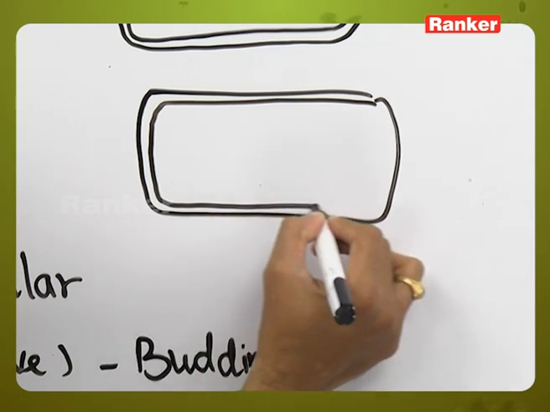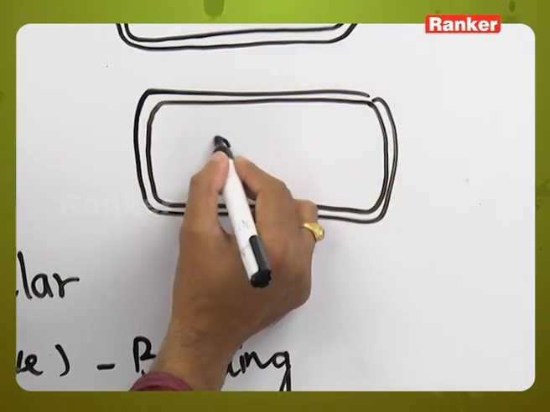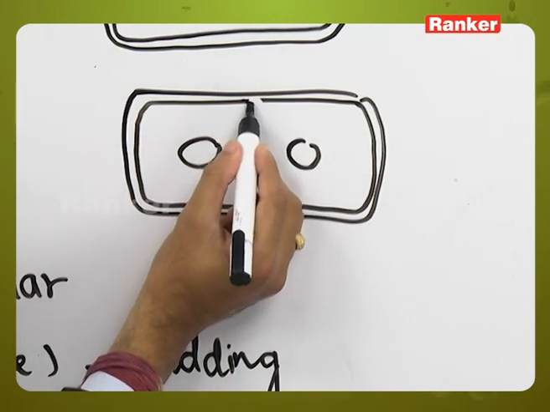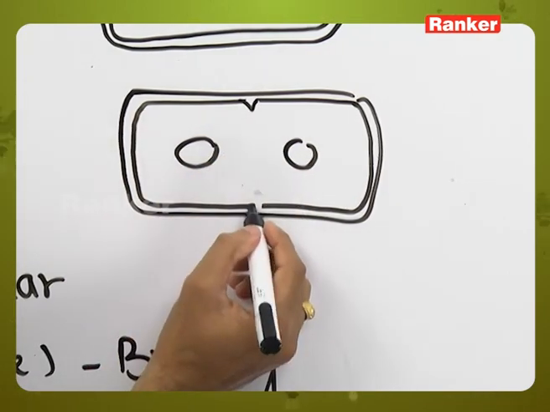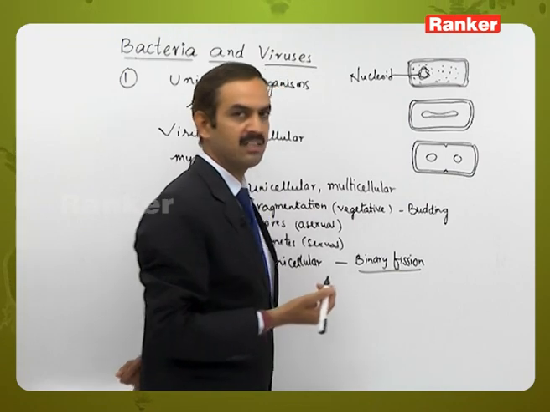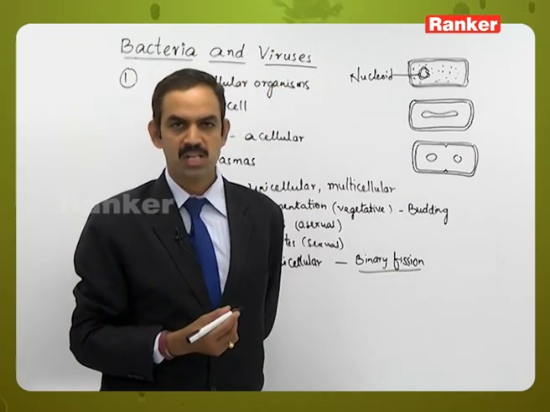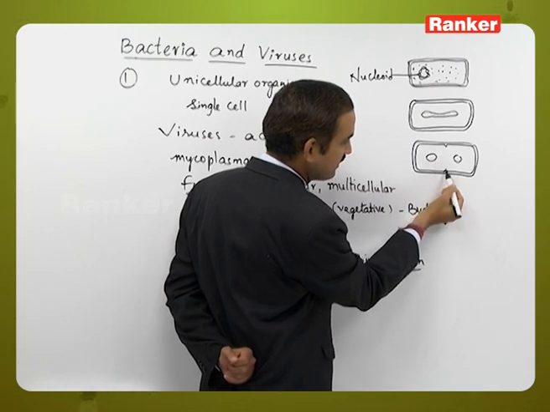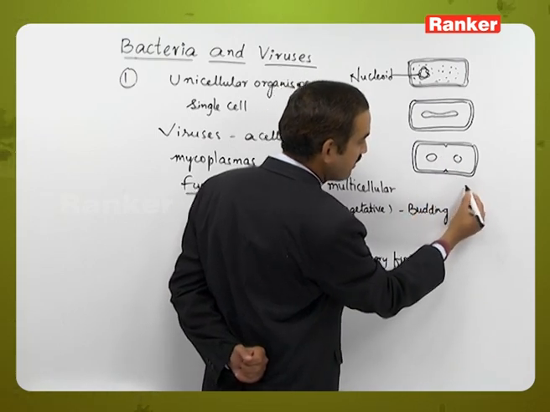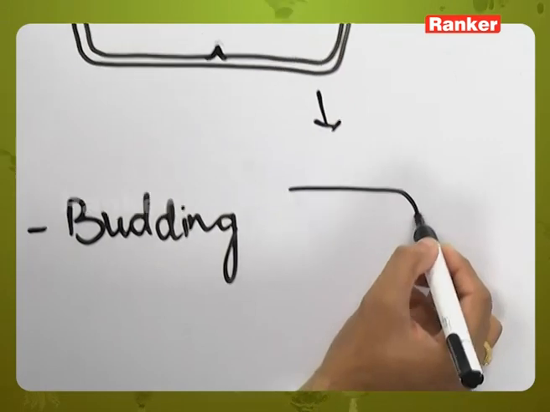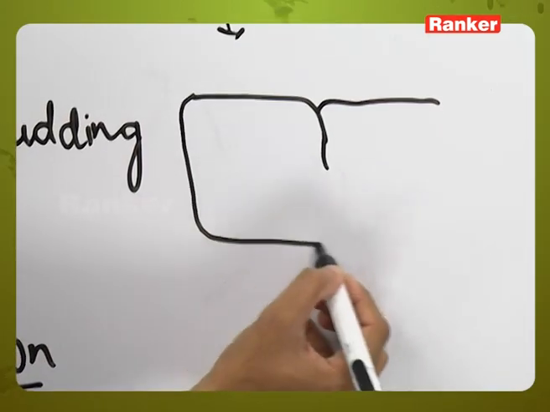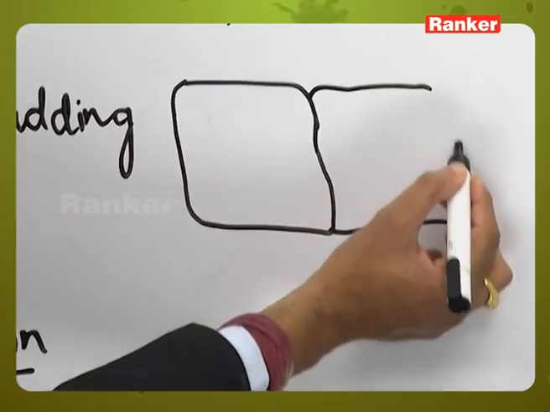In the meantime, when the nucleus is divided into two parts, a small constriction develops in the cytoplasmic contents nearly at the middle region where the mesosomes are present, and this constriction gradually moves towards the center. When both of them meet at one point, the bacterial cytoplasmic contents are divided into two equal halves like this.